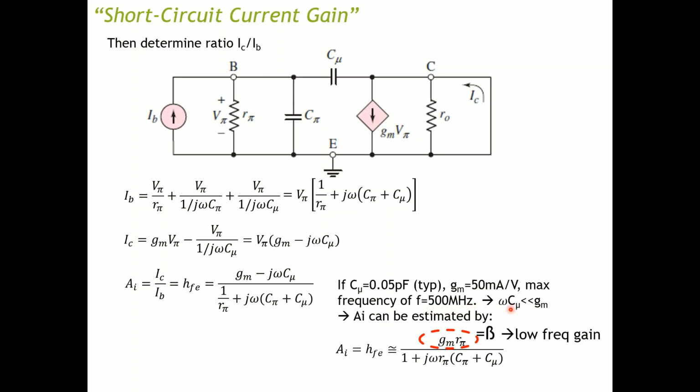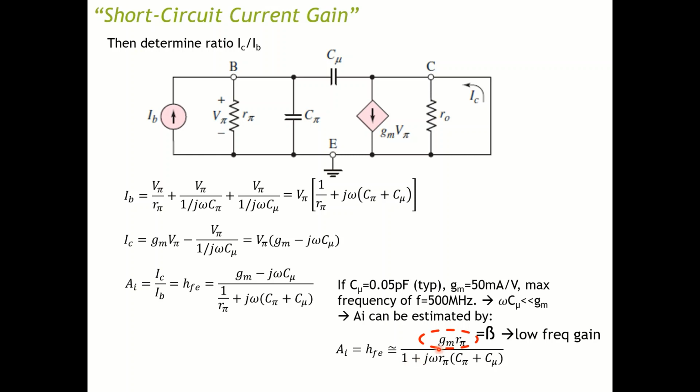I can have omega C mu be a lot smaller than gm. If omega C mu is a lot smaller than gm, then I can effectively cancel out this term. I can assume that to be 0, and then I can estimate my current gain to be this.